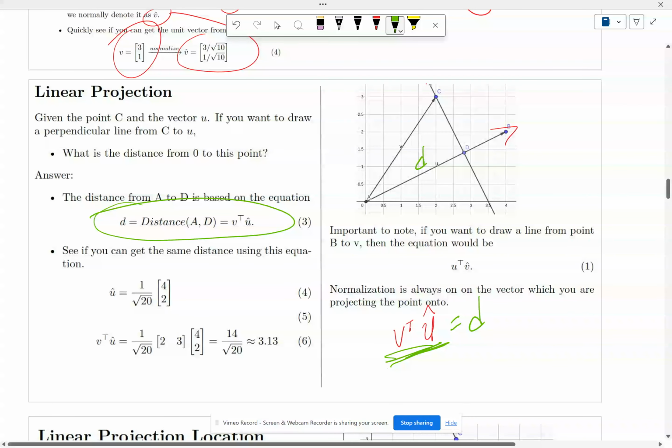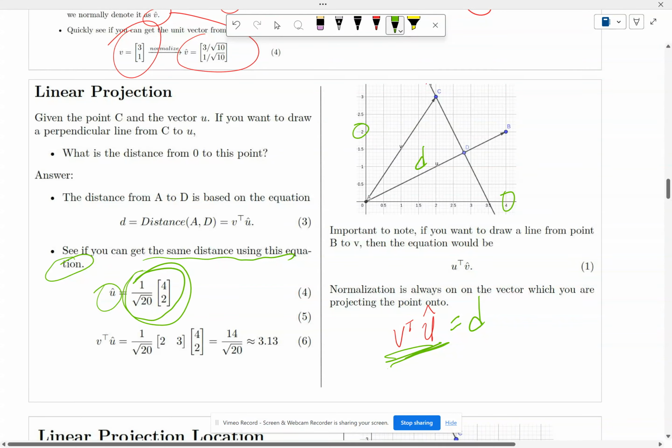Now, see if you can get the same distance using this equation. Okay, so let's say we have u, which is, what is it, 4 by 2? And then after you normalize it, it becomes 4, 2, times 1 over square root of 20.